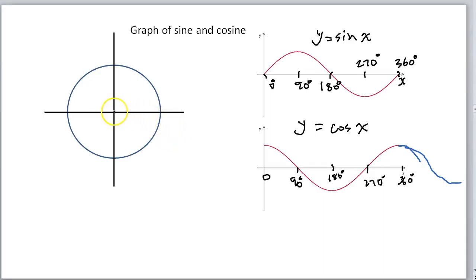For example, if you want to know the value of the cosine at 90 degrees, you can always go to 90 degrees, draw this ray of 90 degrees, and see where it meets. This coordinate is (0, 1). So we know that cosine of 90 degrees is 0 and sine of 90 degrees is 1, exactly as the sine graph and the cosine graph show over here.